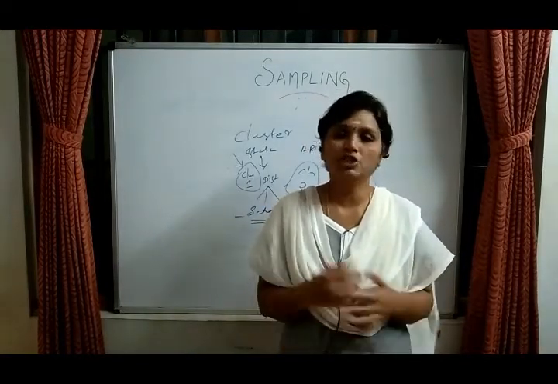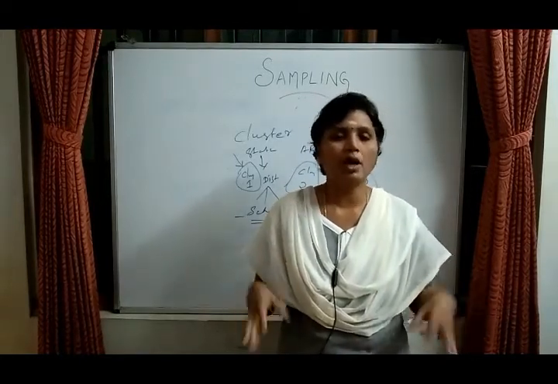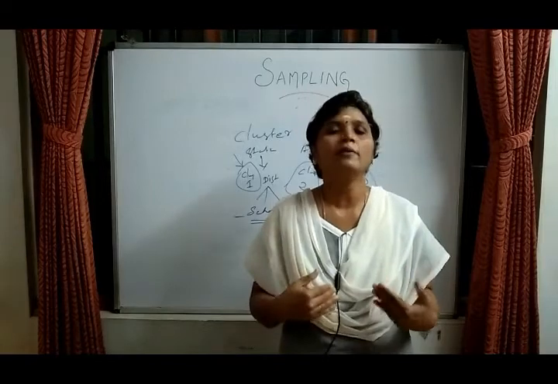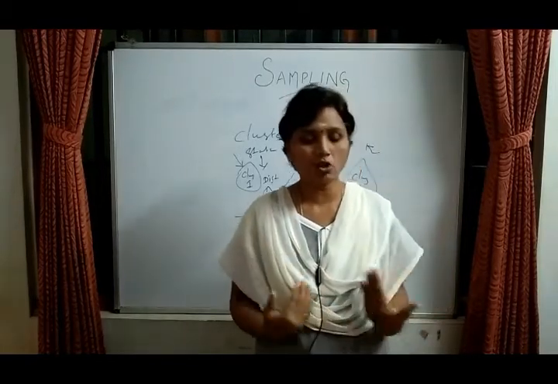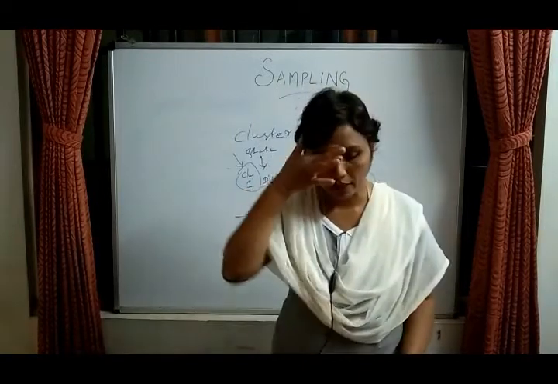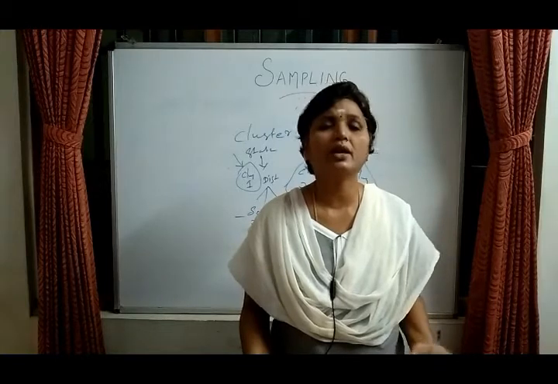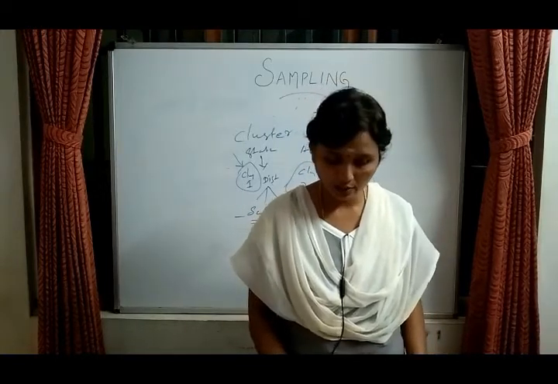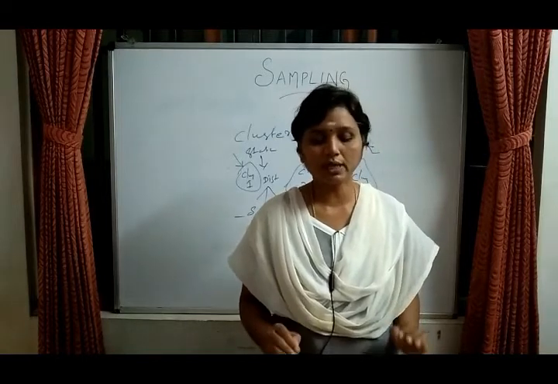That is called judgmental sampling. Whoever is willing to come, and according to the purpose, the samples are selected. That is called purposive sampling. Sometimes it may cause inaccuracy in the results.